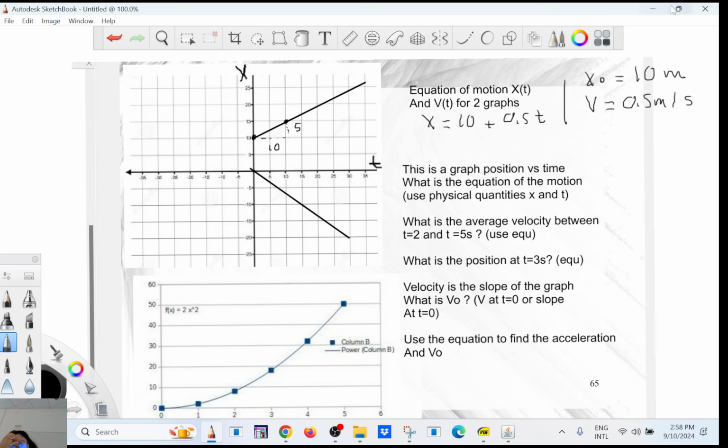Okay, and here, same thing. Let's try to find the slope. The rise, it's like a fall, is 10, so it's -10, and the run is 15. So x equals, the y-intercept is 0.